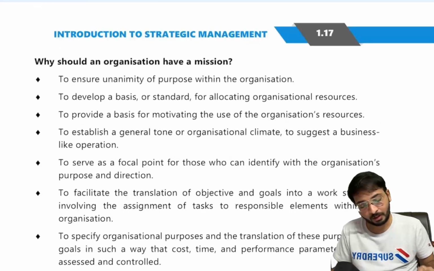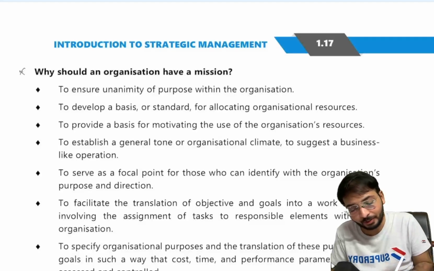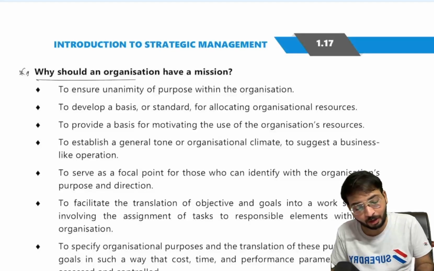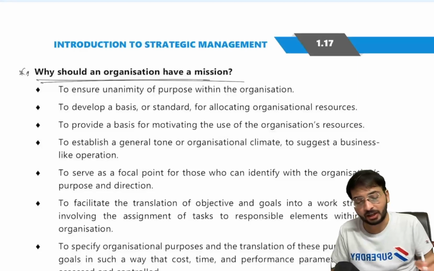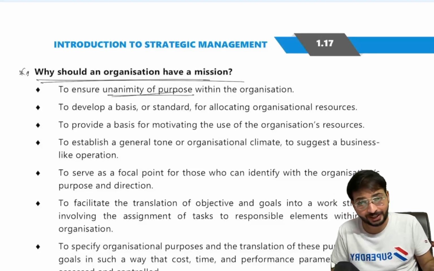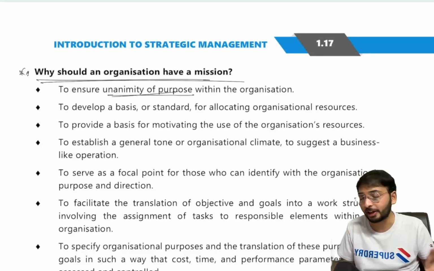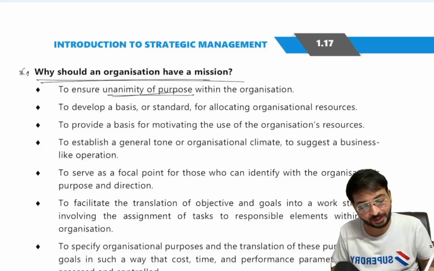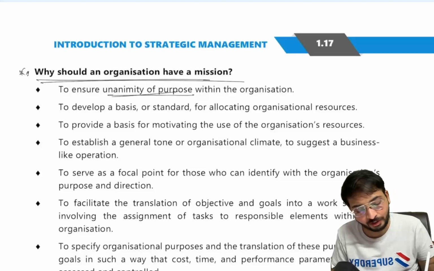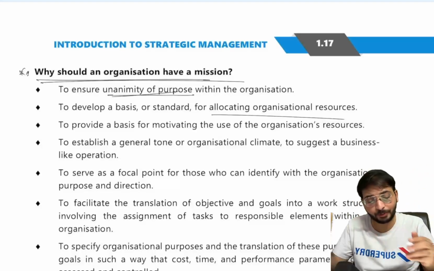Now, just like how we have an important question in the vision, we also have the question: why should an organization have a mission? Number one, to ensure unanimity of purpose within the organization, so everyone is uniformly working towards a particular passion. Second, to provide a basis for allocating the organizational resources: this resource should be used by that person, this one by that person.